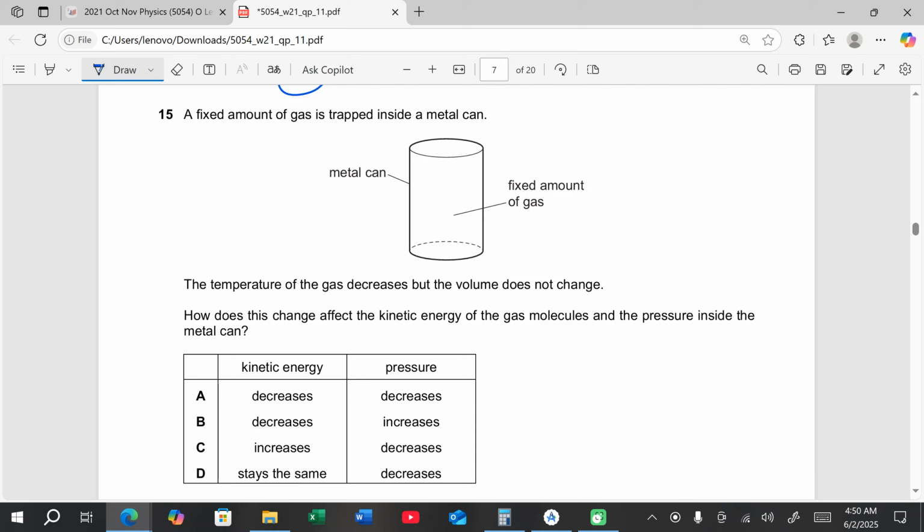Since the volume is not changing and the temperature of the gas is decreasing, the pressure has to be directly proportional to the temperature, right? So pressure has to decrease. So therefore, it is either A or C. Since temperature is decreasing, the average kinetic energy of the molecules has to decrease as well. So it is A.